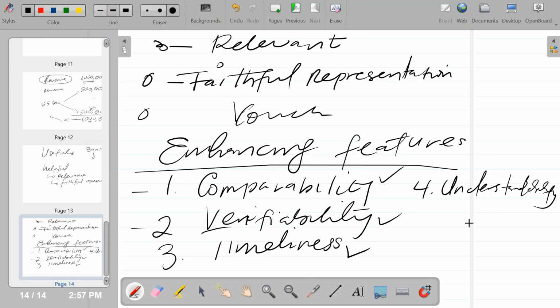Then understandability. So the report must be prepared clearly. Make sure the presentation is clear. You group all assets, all liabilities, all equity, all income, expenses. You shouldn't mix them. Maybe under income, you have mixed income and expenses.